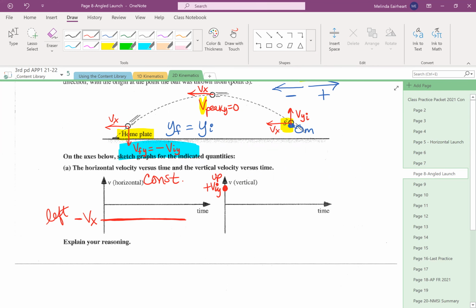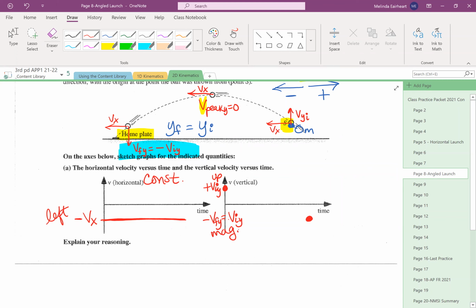We're going to have the same magnitude, so ish, same spacing, but at the end of our time, this is a negative final velocity. And just so you know, it's equal to that initial velocity in terms of magnitude. We got that symmetry.